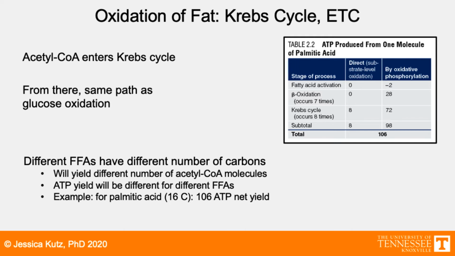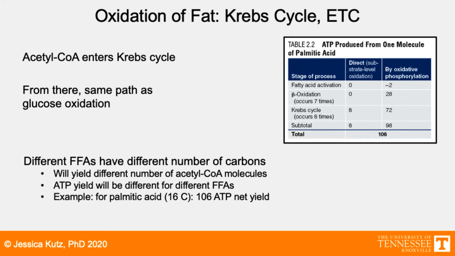Now these acetyl-CoA molecules are going to go into the Krebs cycle in the same way that we would put them into the Krebs cycle if they were a carbohydrate. The difference is with carbohydrates, we had 2 acetyl-CoA molecules, and with fat metabolism in this specific example, we have 8 acetyl-CoA molecules.